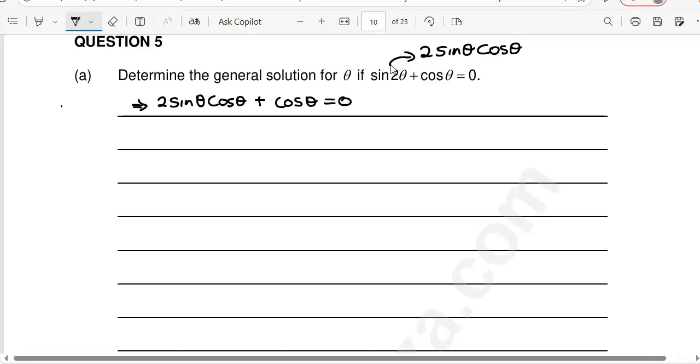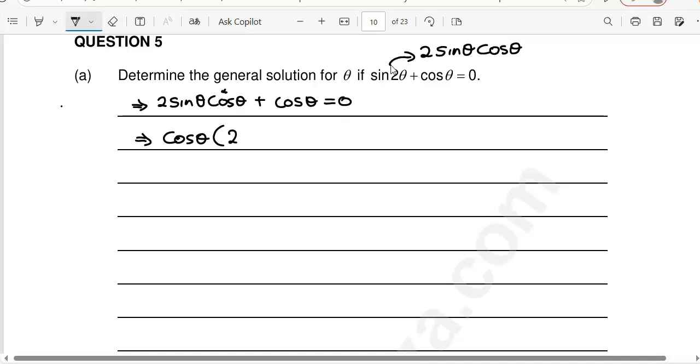Can I take the common factor out? Yes, because if we take out the common factor, we're going to have what we call the zero product property. But before that, let's take out the common factor. I have the cos of theta out, and inside the bracket, what are we left with?